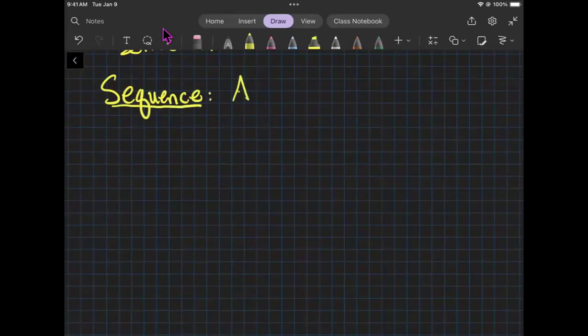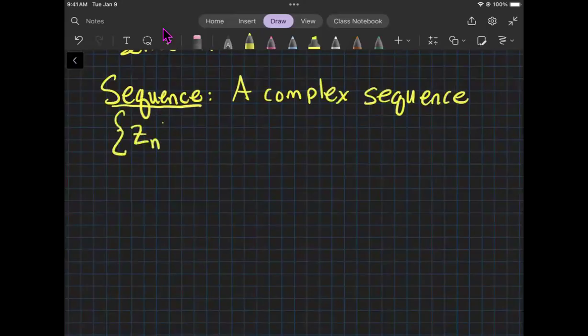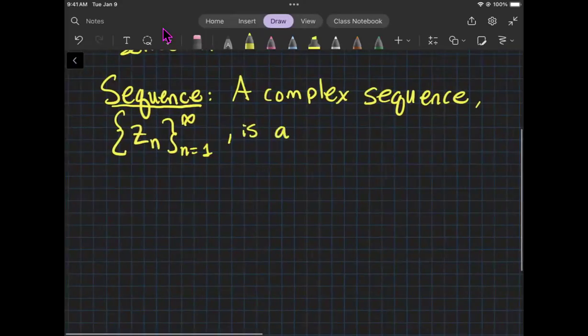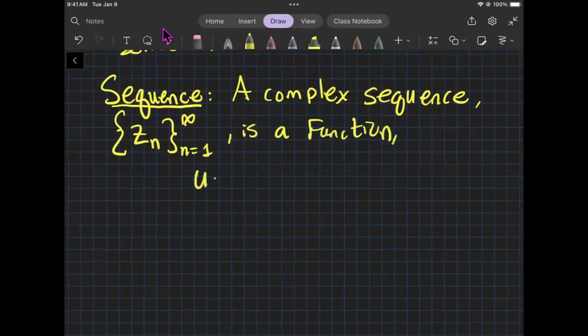Okay. So a complex sequence, z sub n, looks like this, is a function. I'll call it u.